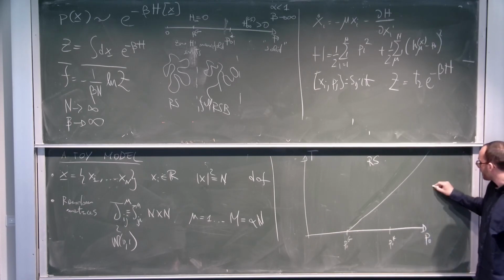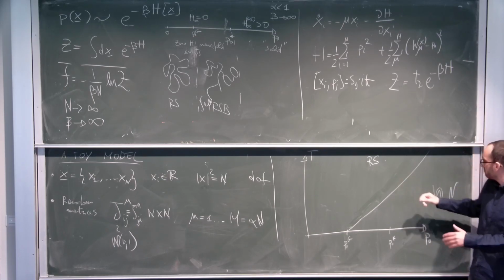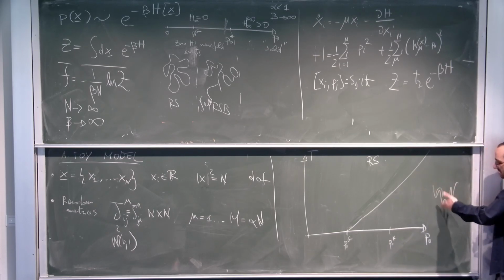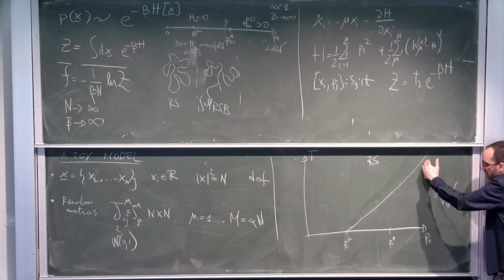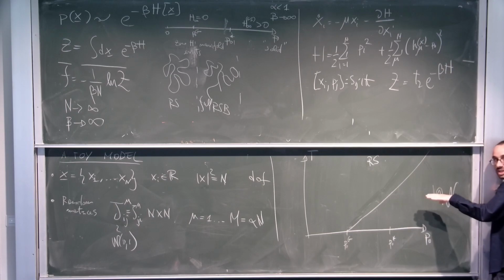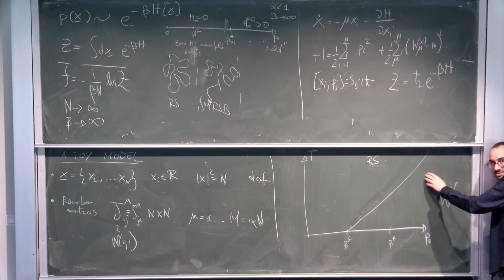If here I have some glassy landscape like this, classically I need to jump the barrier, but quantum mechanically I can do tunneling. So in principle, this line where the quantum dynamics feels glassiness should go down, right? Because if I open relaxation channels, then this line should go down.